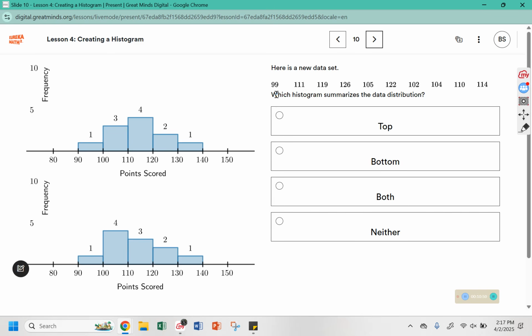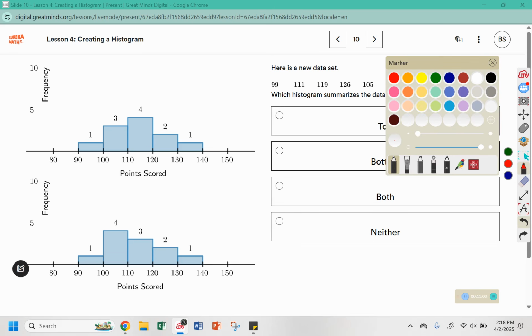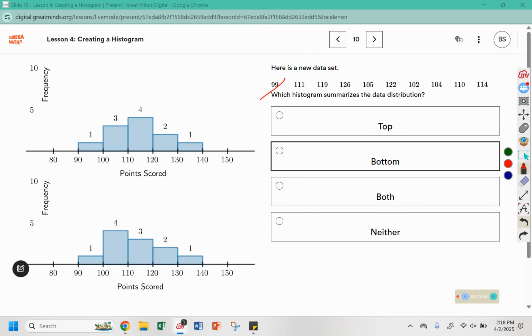Here is a new data set. Which histogram summarizes the data distribution? Well, from 90 to 100, there's only one, so let's check that off. Then it says from 100 to 110, there should be 3 or 4.